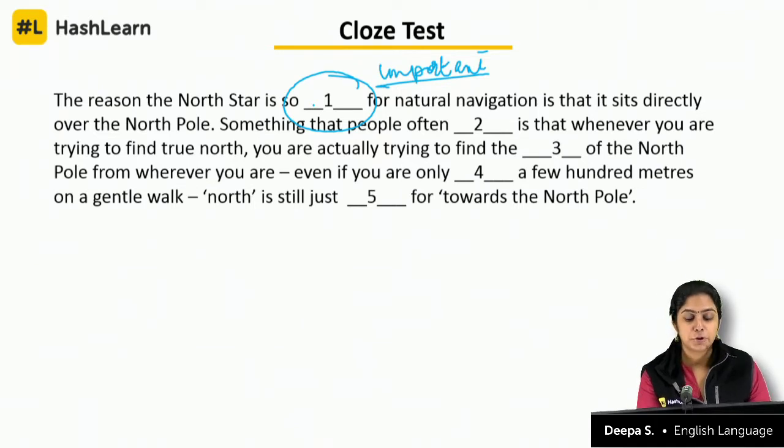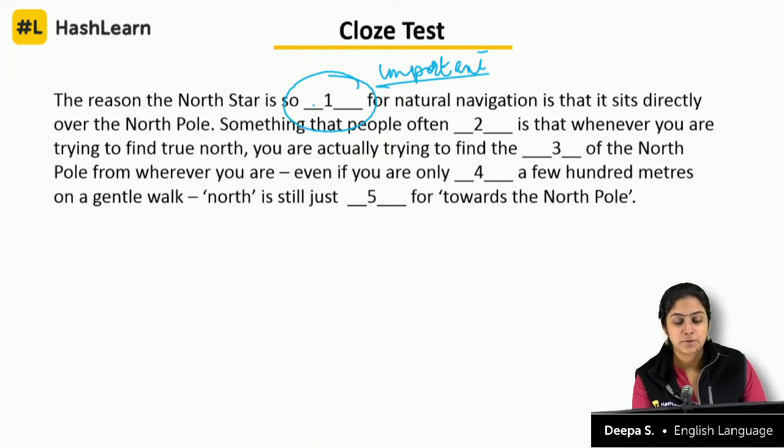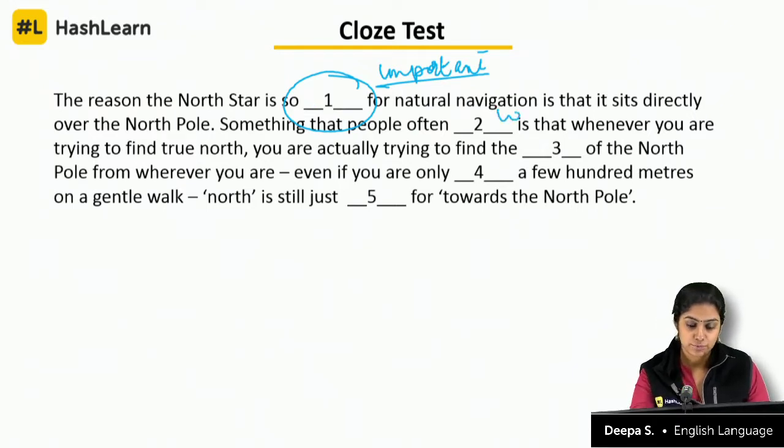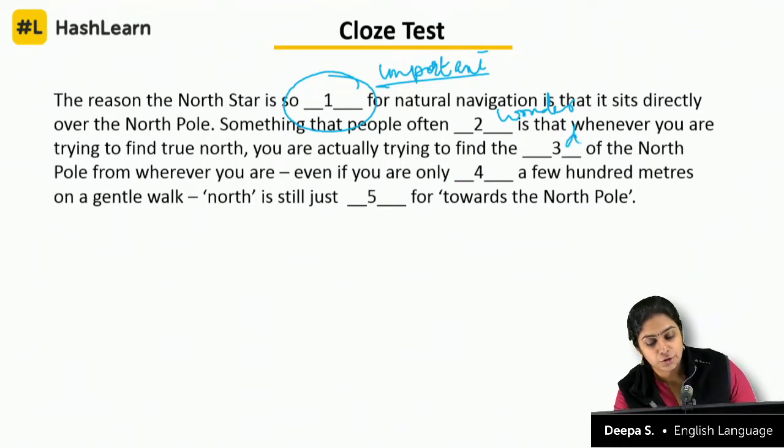So for two, something that people often wonder, something that means that. So I would have wonder. You're actually trying to find the dash of the North Pole. Something to do with direction.